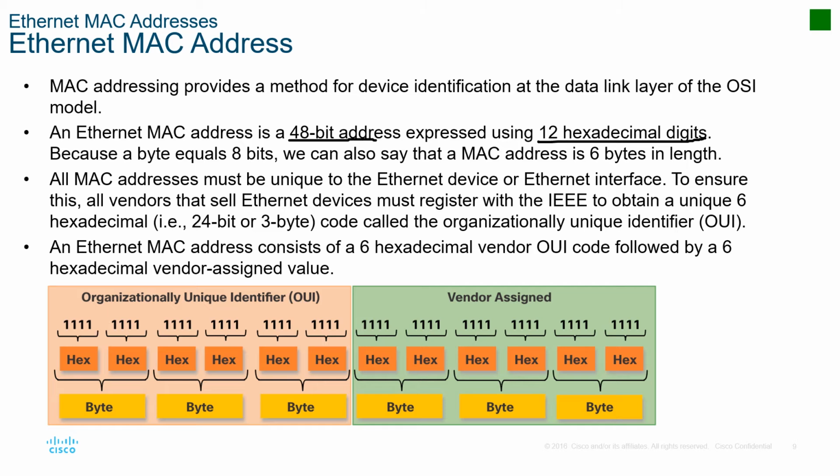And there are two parts, OUI, organizational unique identifier, and then vendor assigned. The OUI is the identity of the manufacturer. So each manufacturer, for example Cisco, has an assigned OUI for its LAN cards. And then for the vendor assigned, the last six, Cisco will assign this. It should be a unique assignment. That's for the vendor assigned.